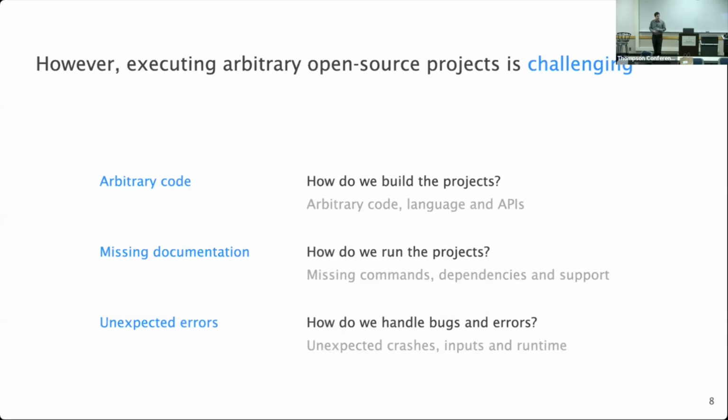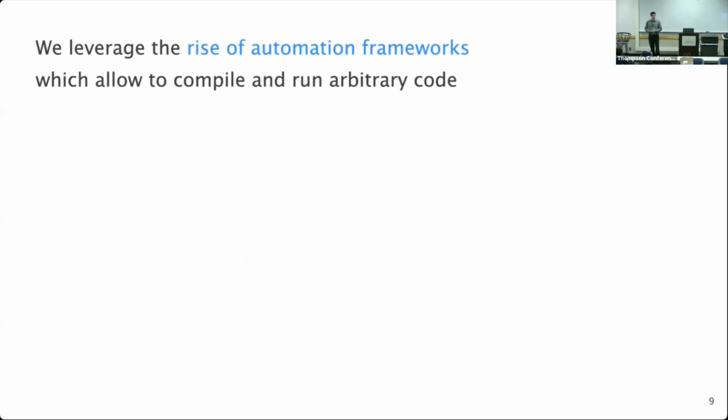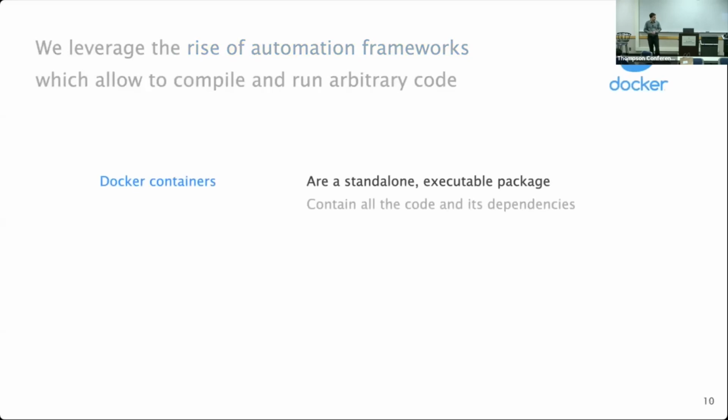Actually, we believe there is still a chance. That is the recent trend that more and more of these projects use so-called automation frameworks that allow you to build and compile the entire application with a single command, for example. One of the most popular solutions is Docker containers, which contain all the code and dependencies in order to run one single application.